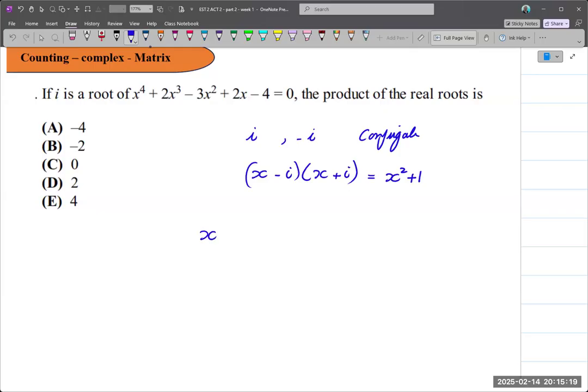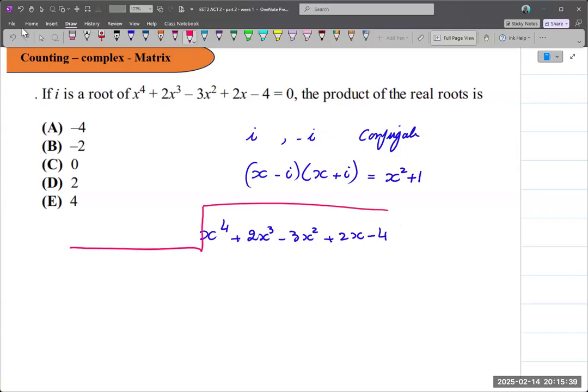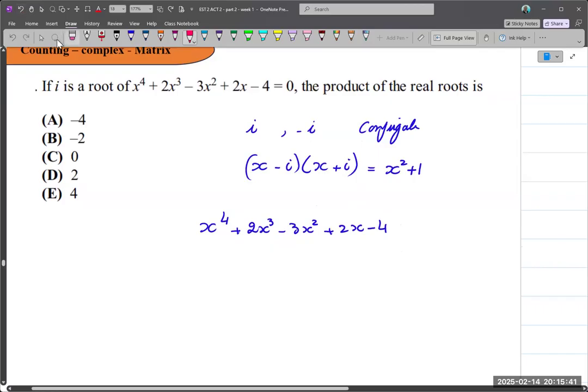So we have to divide x to the power of 4 plus 2x cubed minus 3x squared plus 2x minus 4 by x squared plus 1. We can write the expression a bit spread out so that we can do the division.